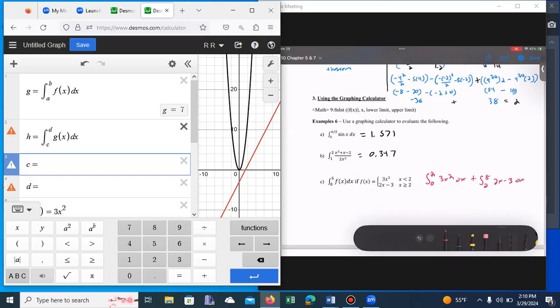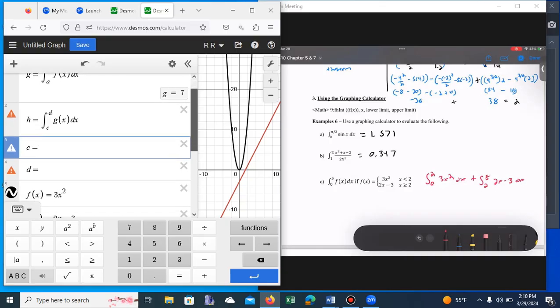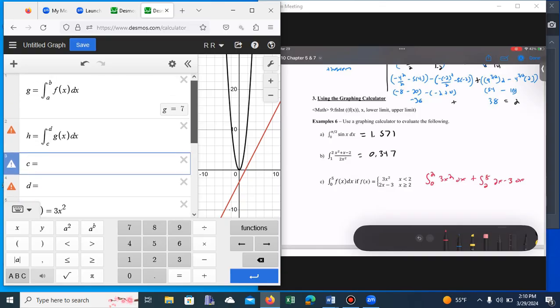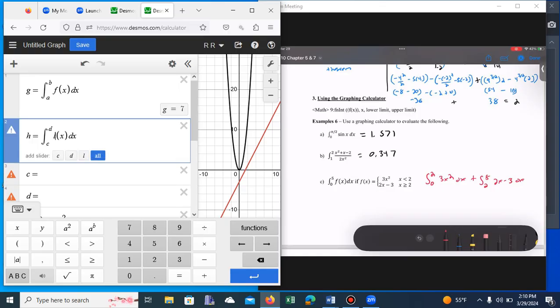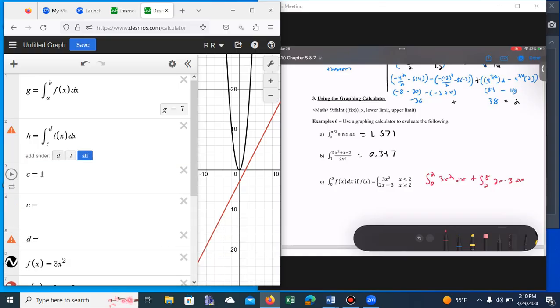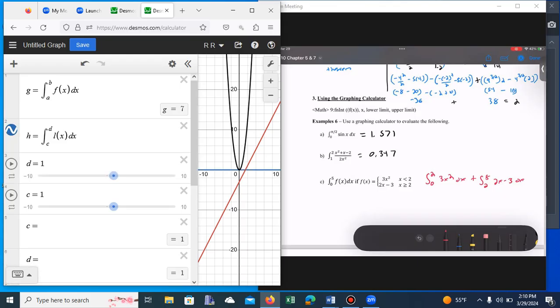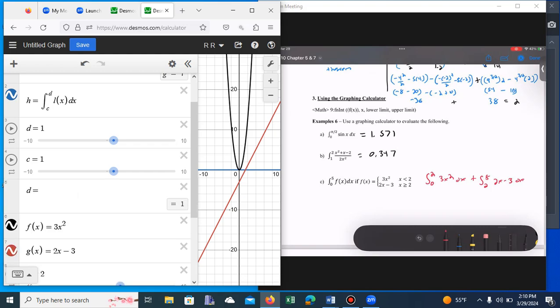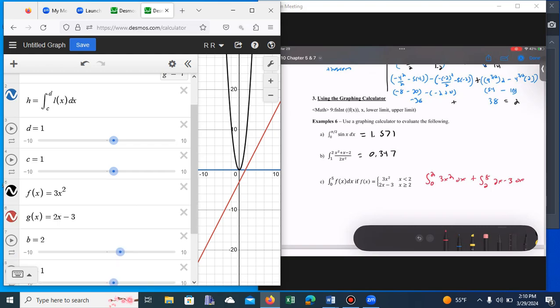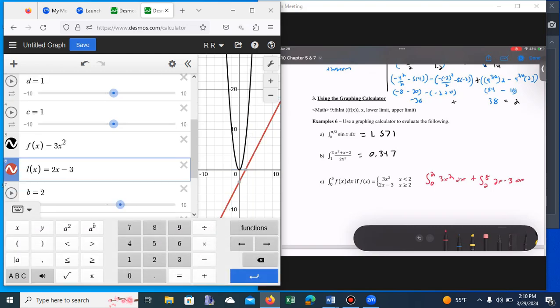So let me call this something different. L of x, there's the c and d. There are these two. And I'll call this L of x.